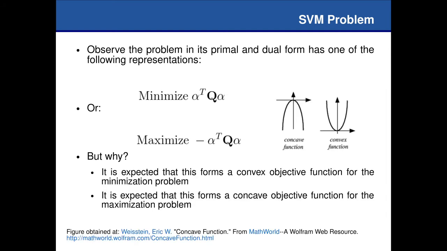We expect the minimization to behave like a convex function, as I show here, and the maximization as a concave function. So what I expect is that this Q matrix is a positive semi-definite matrix.